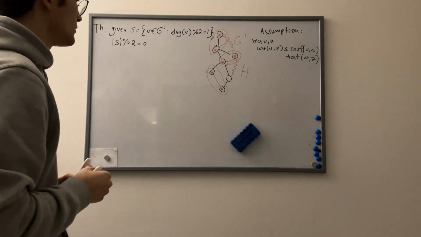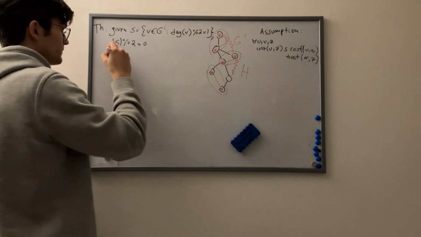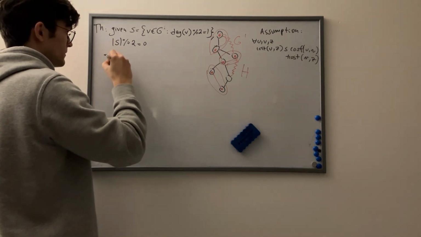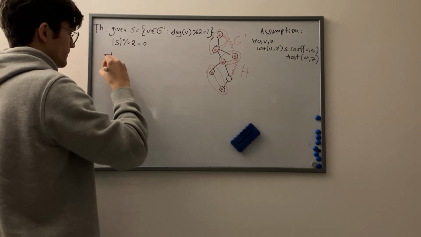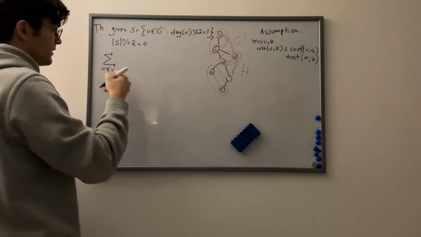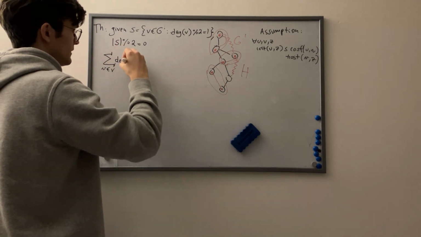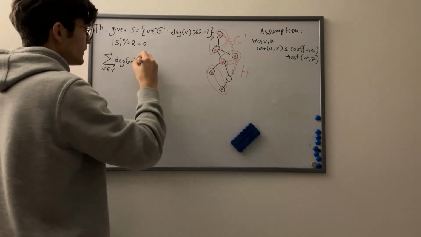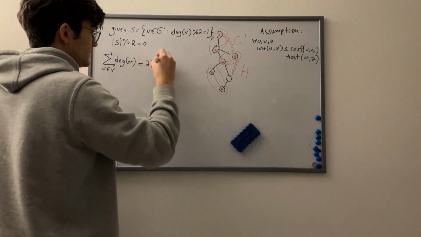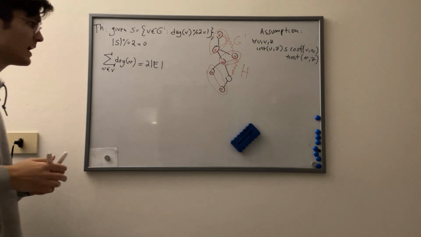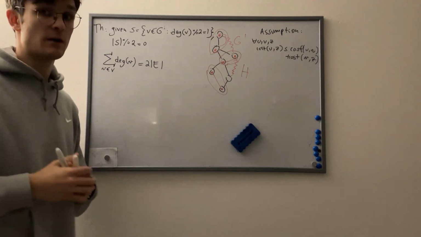So how to prove that? If we take the summation, for every node in our vertices, of the degree of that node, this will for sure be twice the number of edges in our graph.